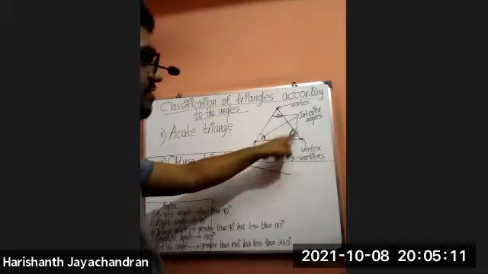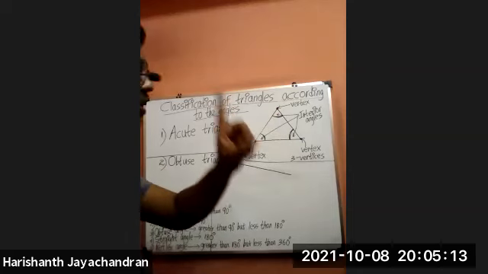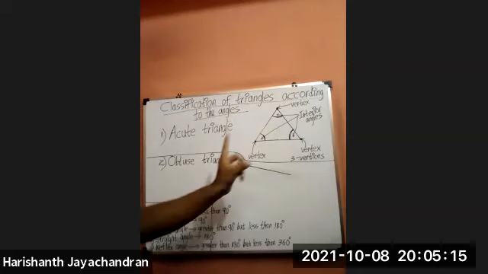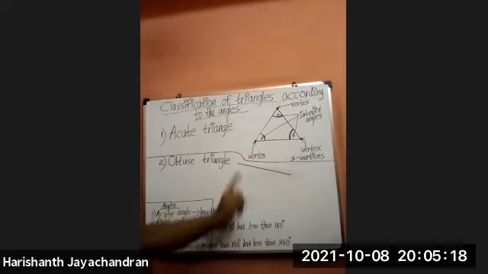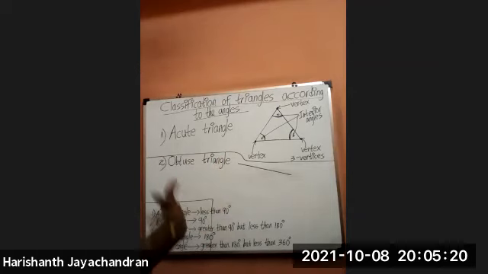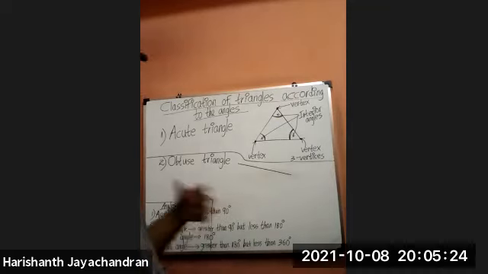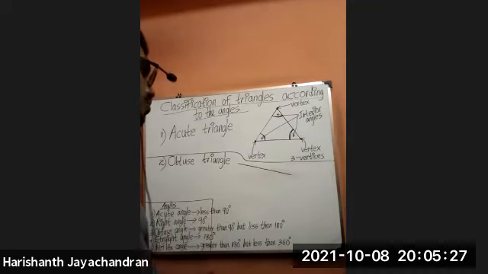At least one of the three interior angles is an obtuse angle, and only one of them could be obtuse, because there can't be two obtuse angles in a triangle.